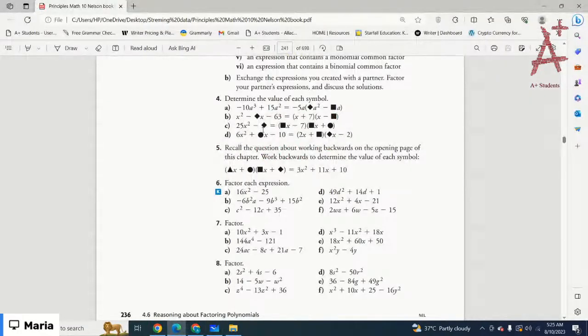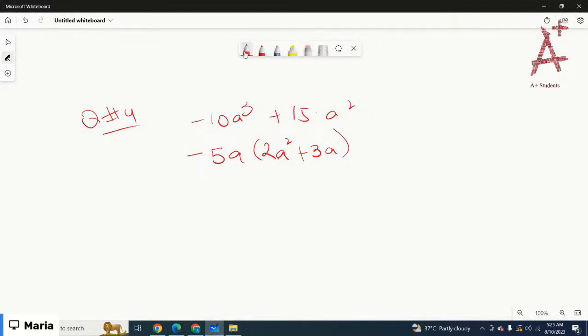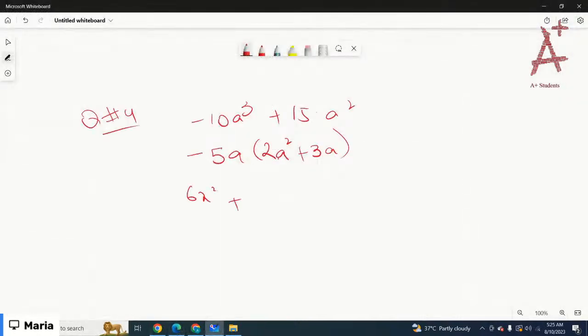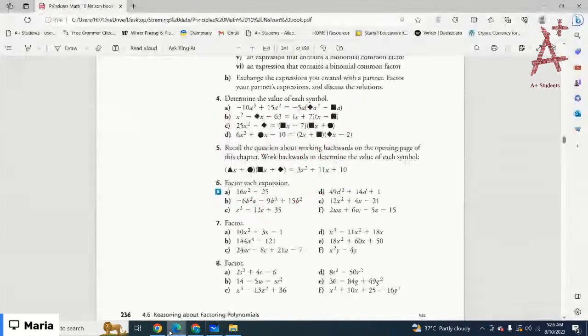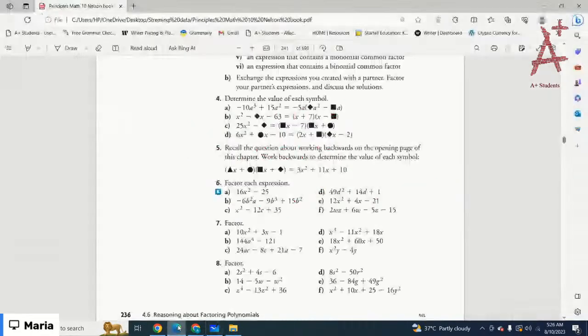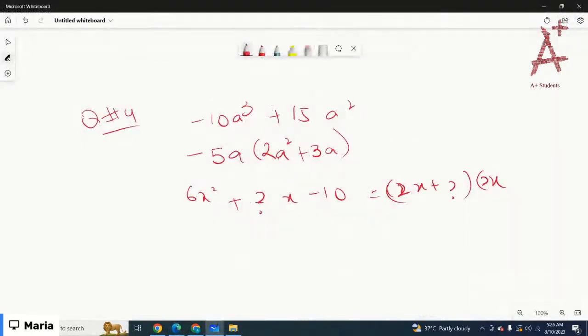The next one is 6x squared plus the missing number x minus 10, which equals 2x plus missing, and x minus 2.